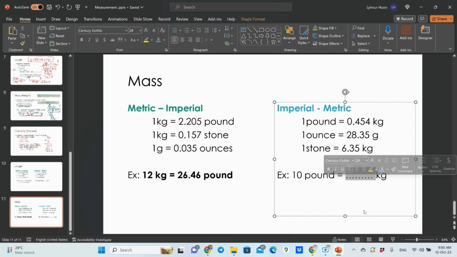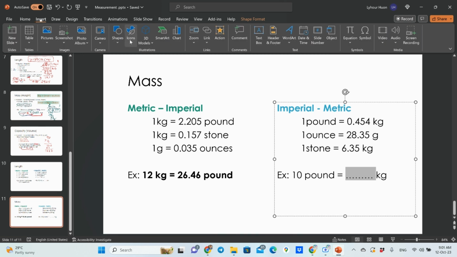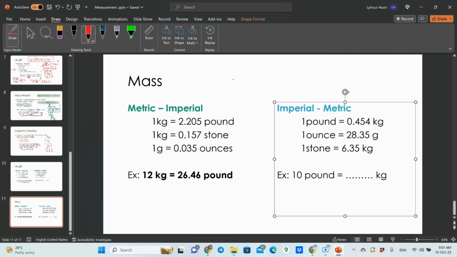0.4540. Oh, no. Divide no, multiply by 10. 0.454, wait, 454 what?